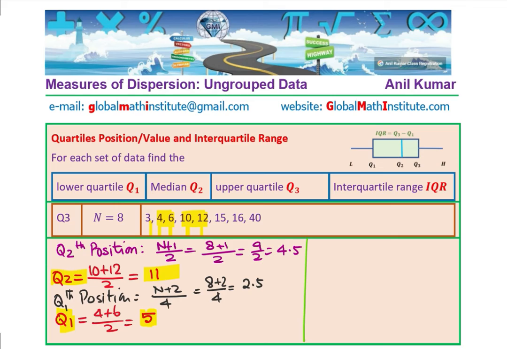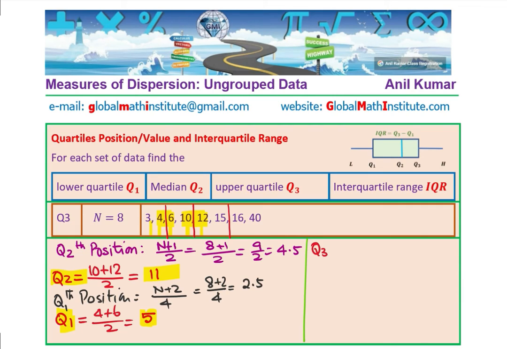Q3 is the average of the remaining on that side, right? So we have already found Q2, Q1, and out of these 4, the middle value is Q3, right? Let's calculate position first.